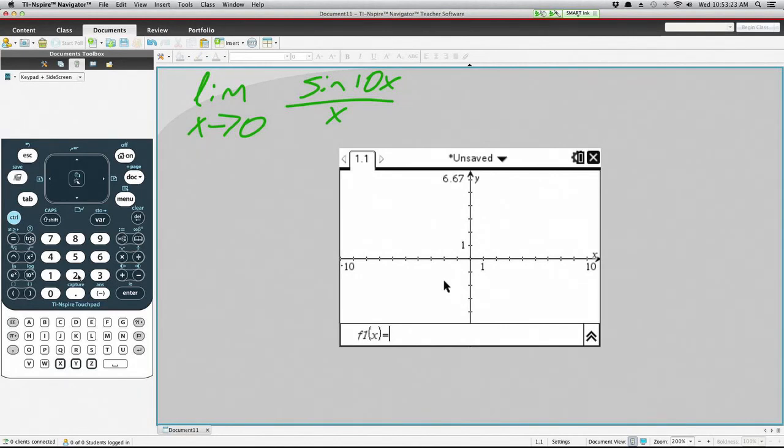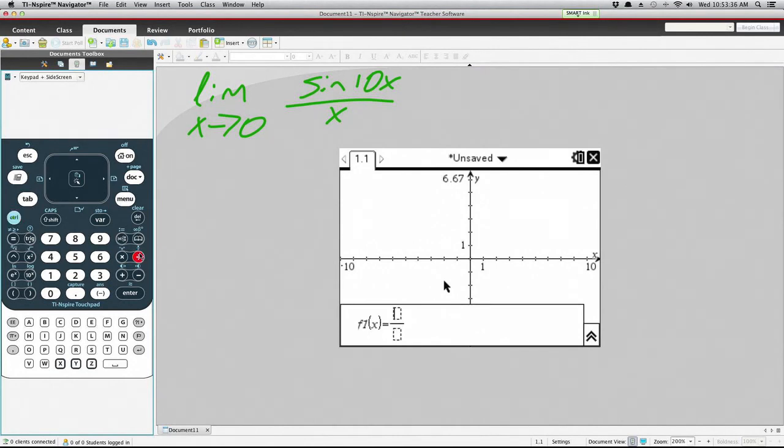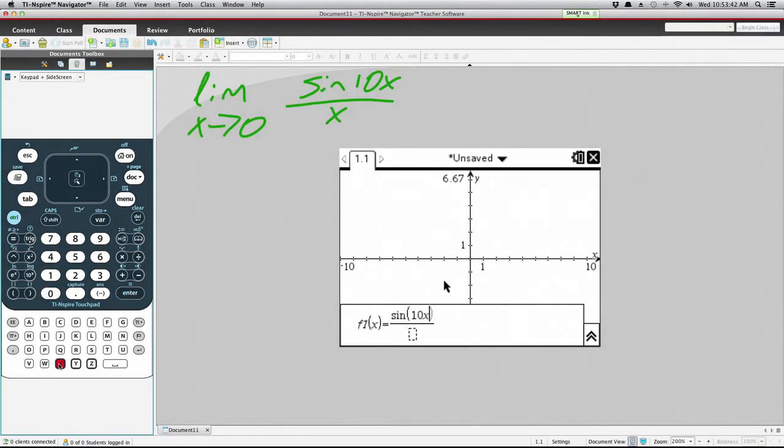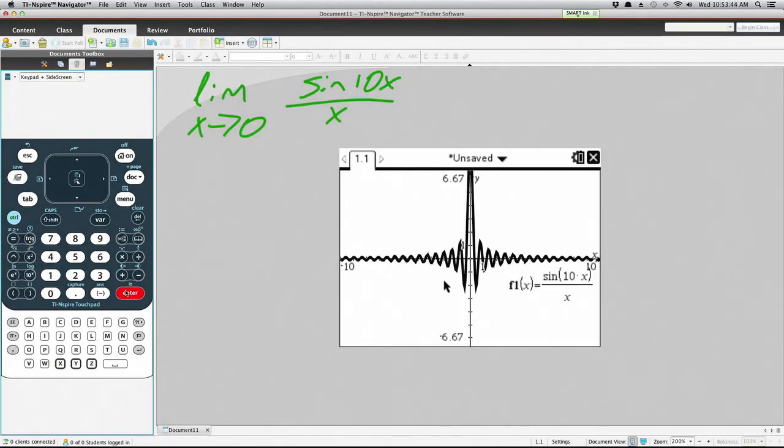So I'm going to do control divide. Remember, the trig functions are underneath trig, so sine 10x, and we're going to put it over x. Press enter.